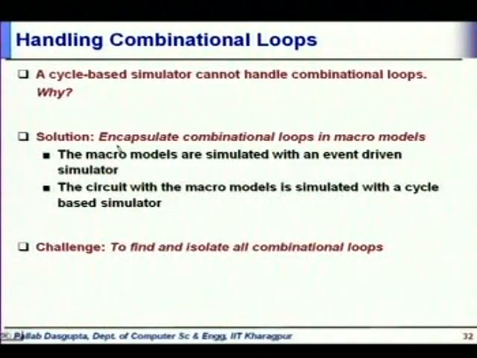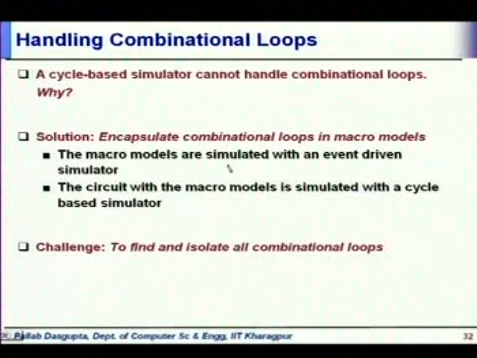But how do you handle that in cycle simulation? Because in cycle simulation you want to find out the steady state of the circuit, simulate it once and reach the next steady state of the circuit. But simulating it once is not going to take you to the steady state if you have combinational loops, right? So how are we going to handle that? So the solution to that is to encapsulate the combinational loops in macro models.